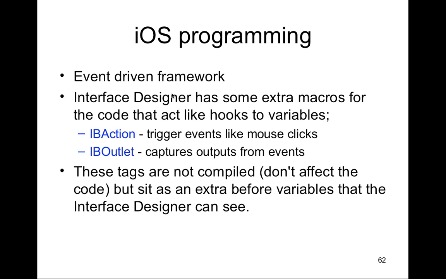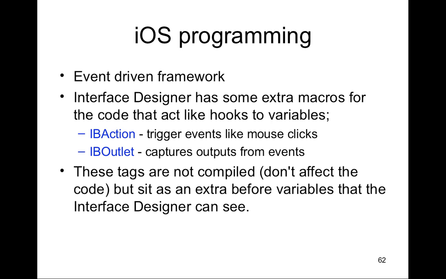The action itself triggers events like mouse clicks, and the outlet captures outputs from events. So you write to an output, you read from an output. It's almost like there are two parts instead of one part to the event. The action is kind of like in the Java environment, when you put action listeners on buttons and things in your GUIs, if you're using Swing or AWT, same concept.